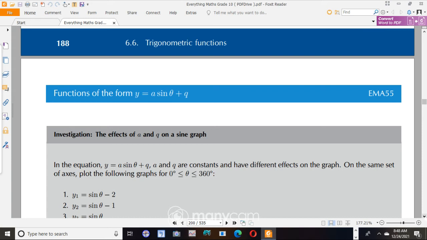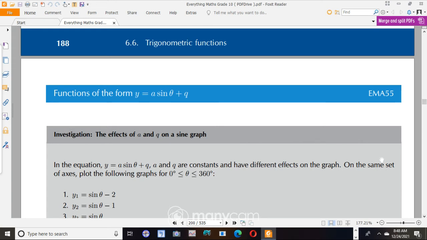Let us improve to the general form of the function. The previous one is the simplest form of trigonometric function, but here is the general form of trigonometric function: y is equal to a times sin theta plus q.